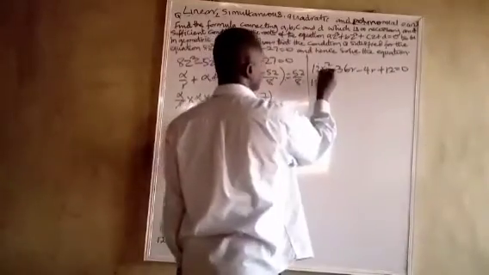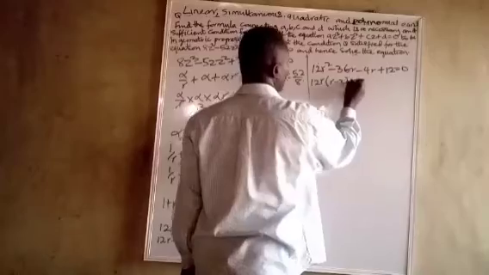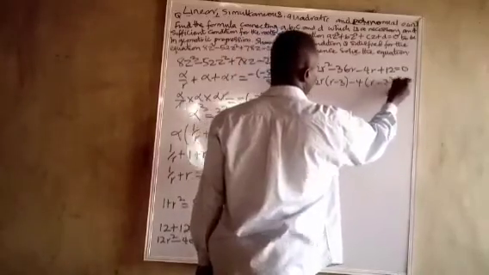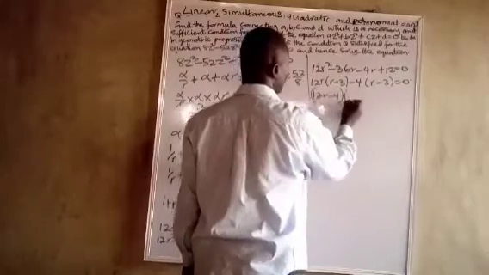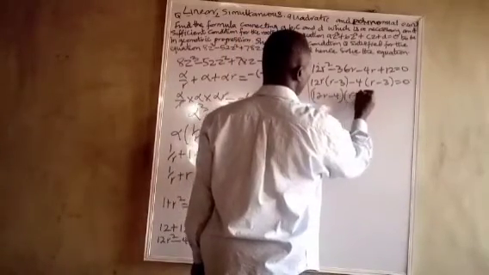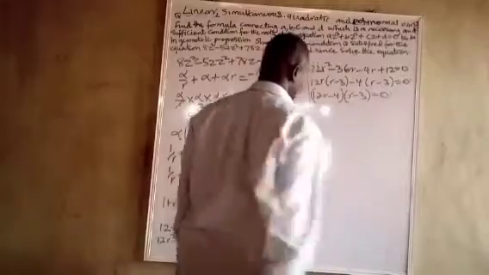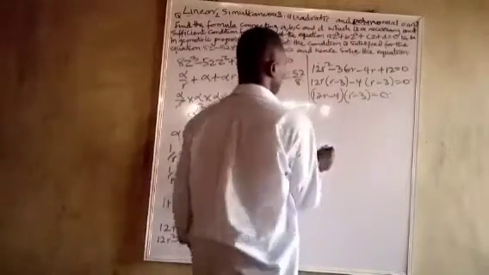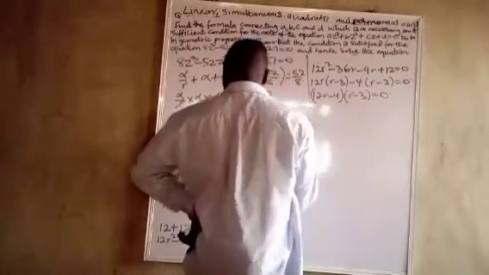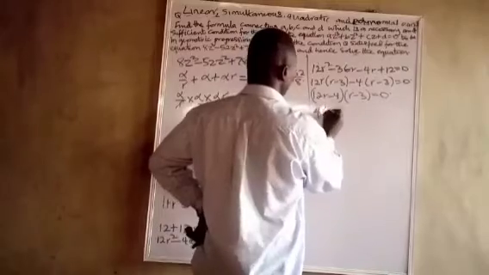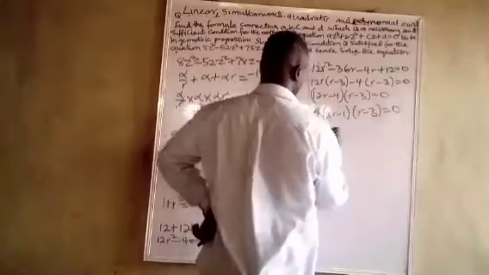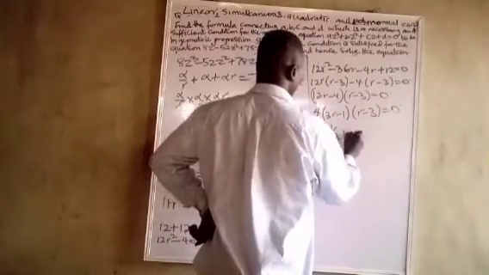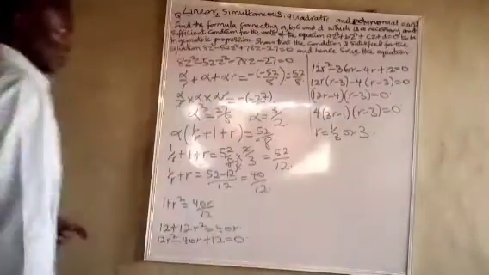So 12r into r minus 3, minus 4 into r minus 3, equals 0. So 12r minus 4 into r minus 3 is equal to 0. Let me even divide this by 4 again. So 4 into 3r minus 1 into r minus 3 is equal to 0. So r equals 1 over 3 or 3.